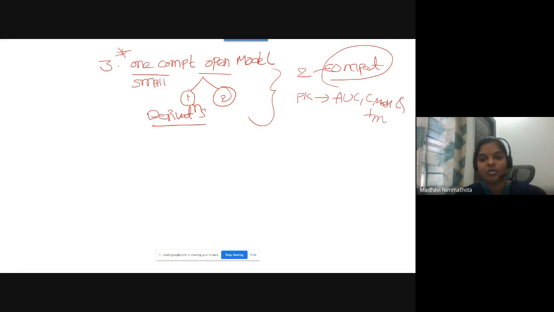Like these parameters also you know. So this is all about your second unit. So you must remember while reading this one compartment open model, all these PK parameters, what are those, how we will analyze it, and what are the denotions for that pharmacokinetics, AUC means what, Cmax means what, like that.